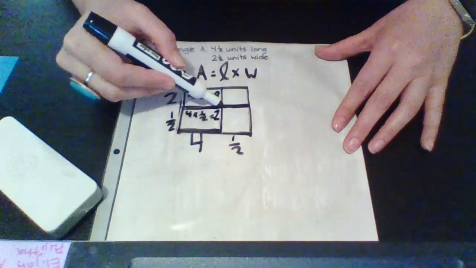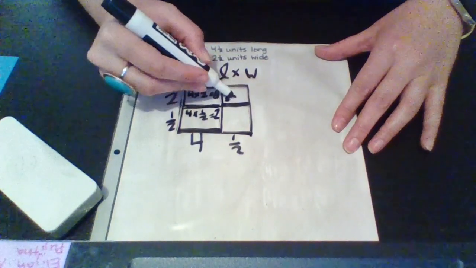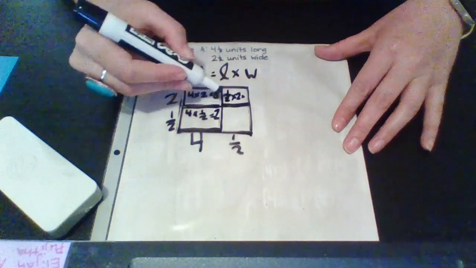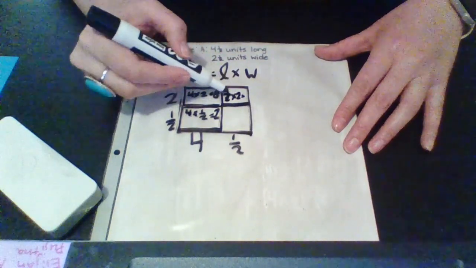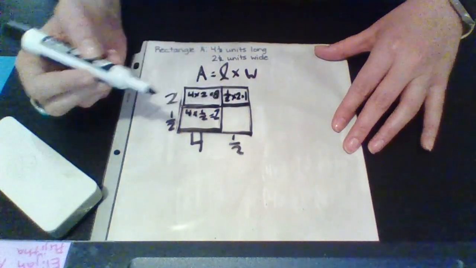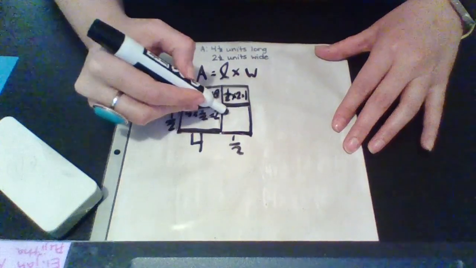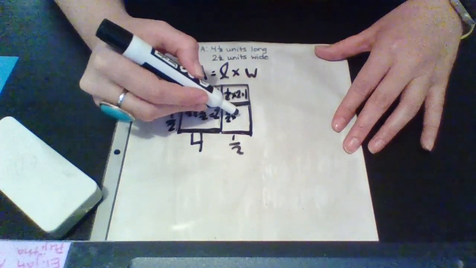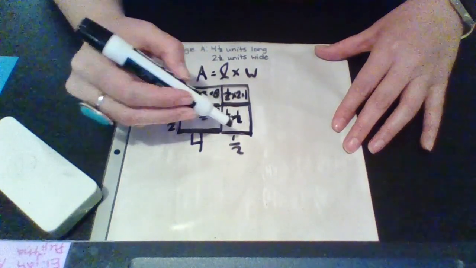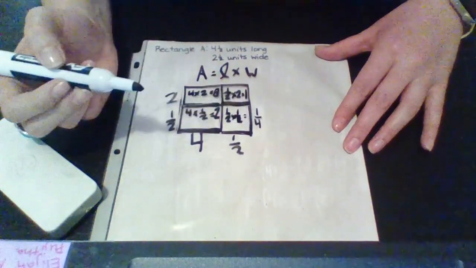Then I have a length of 1/2 and a height of 2, so 1/2 times 2, which again is a fraction times a whole number. 2 times 1 equals 2 over 2, which is 1. And then a length of 1/2 and a height of 1/2. So it's 1/2 times 1/2, which gives me an area of 1/4.